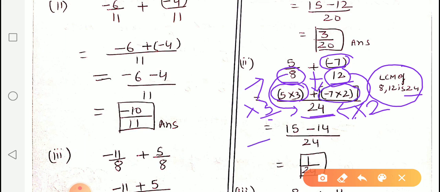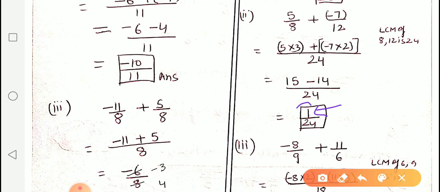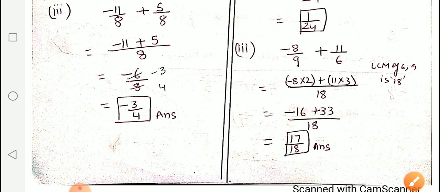Now in next step we will write here the denominator as it is, and 5 into 3 will become 15 and negative 7 into 2 will become negative 14, and 15 minus 14 will become 1, and the whole rational number will become 1 upon 24. This is the answer. Now let us do the third part.